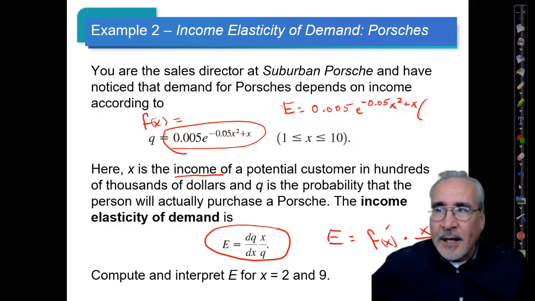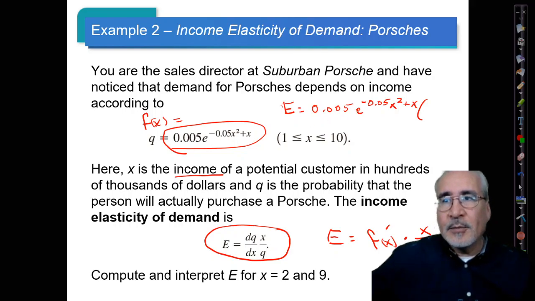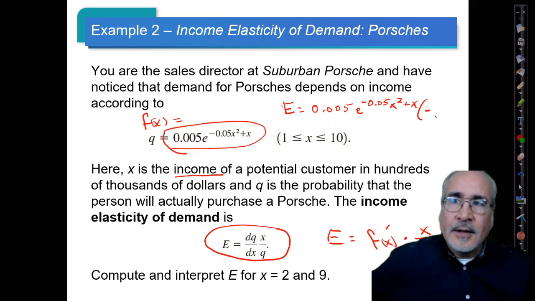Then we need to multiply by the derivative of the exponent. So 2 times 0.05 will give us negative 0.1 x plus 1. Derivative of x is 1.